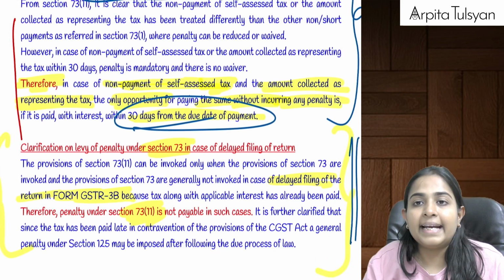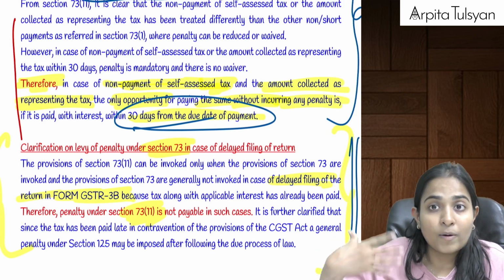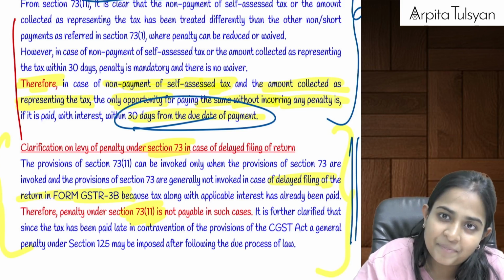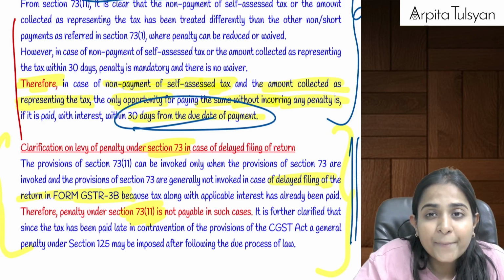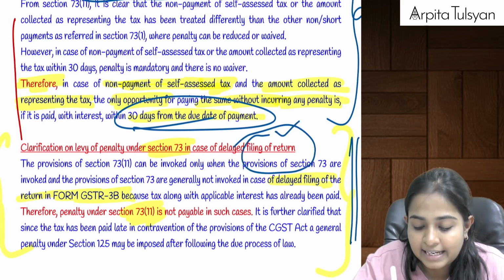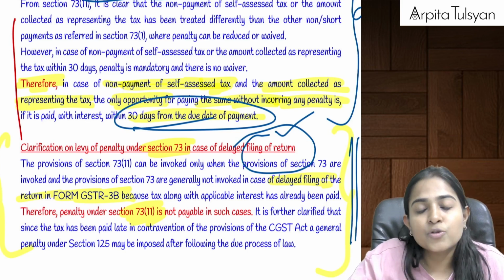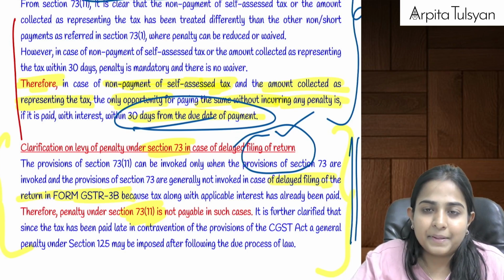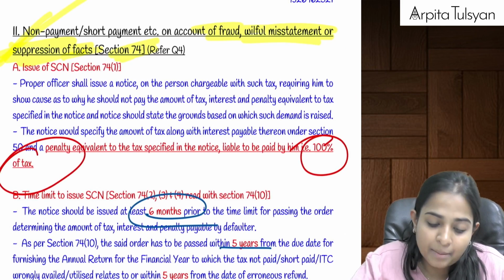If there was a delay in filing, let's say GSTR 3B, then the law is telling the officers, please don't apply the penalty under section number 73, because penalty under section 73 is applicable only when it is a case of non-payment, short payment, etc. But if you have filed the return, even if it was belatedly filed, and you have paid the taxes now, then section 73(11) penalty, etc. will not become applicable. Are you clear with this? Yes. Okay, so that was the penalty applicable under section number 73.